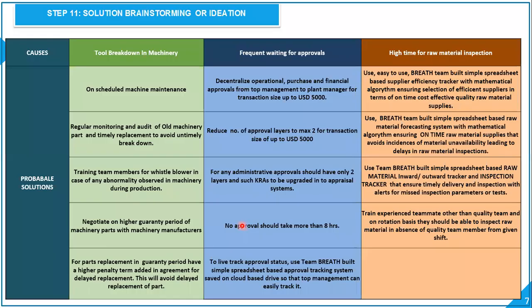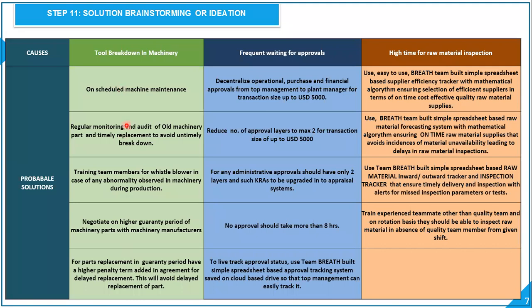So this is how it might look. Causes: cause number one, cause number two, cause number three. And for each given cause, these are the five different solutions they discussed in a brainstorming session. So one of the members would come up with an idea or solution, and the rest of them put forward their views. And likewise, they'll take each and every solution, each and every idea together, and then they will come up with a list of probable solutions.